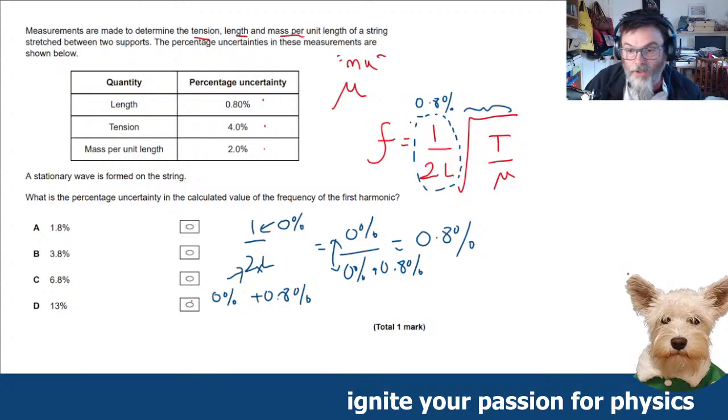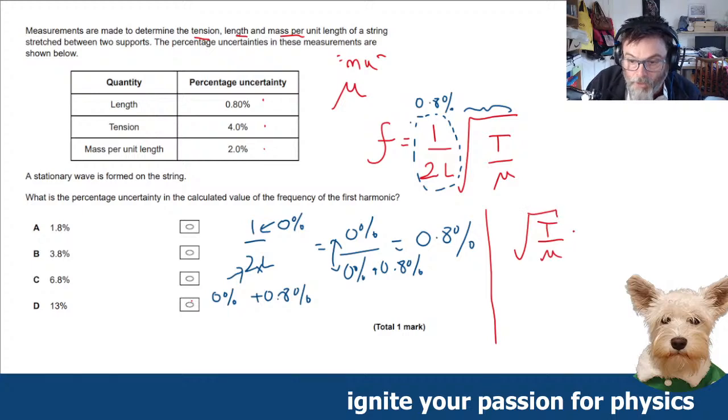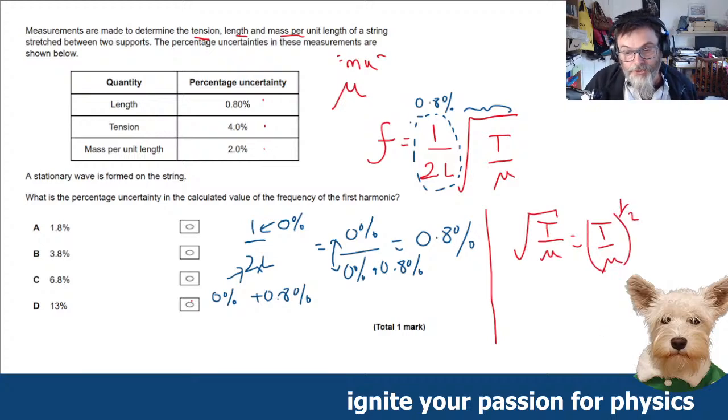So let's deal with the other part now. Let's put a little divide there. What about the root of tension over mass per unit length? Well, another way to write that is to think of the power that we have. So this will be equal to T over mu all to the power of a half. Power rule, we know what to do with that.